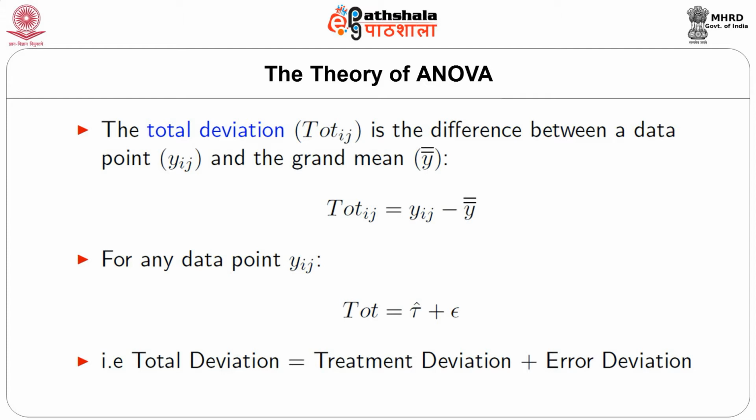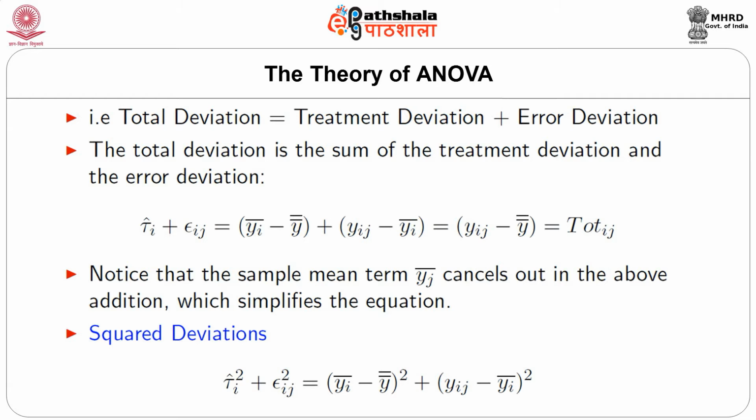For any data point yij, tot equal to tau hat plus epsilon, that is, total deviation equal to treatment deviation plus error deviation. The total deviation is the sum of the treatment deviation and the error deviation.